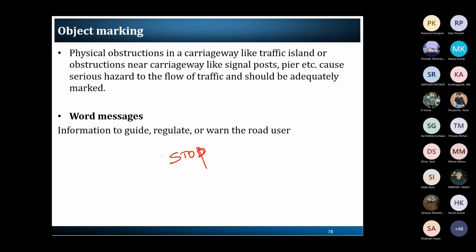I'm not sure how many of you observe these facilities for typical Indian conditions, but I suggest that hereafter, whenever you are traveling on the road, you try to observe what signboards we have placed for Indian conditions.